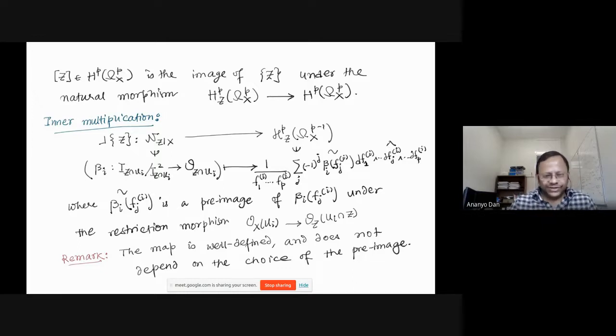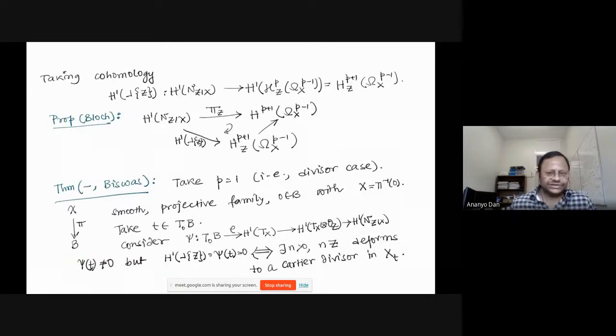And the point is that this is indeed quite close, as shown by Bloch. What was the original semi-regularity map? The original semi-regularity map was going from H^1 of the normal bundle to H^{p+1} of Ω^{p-1}_X.